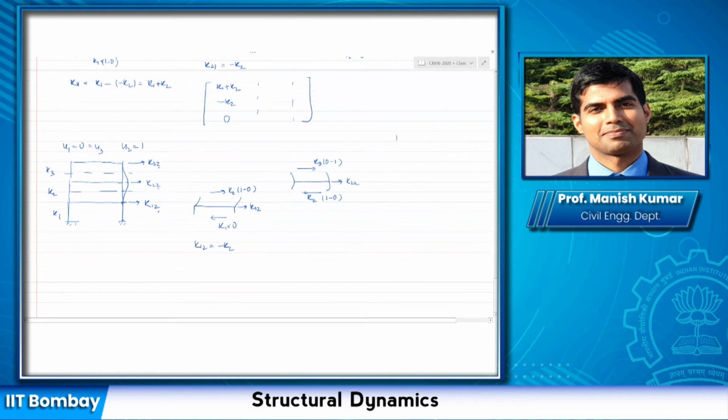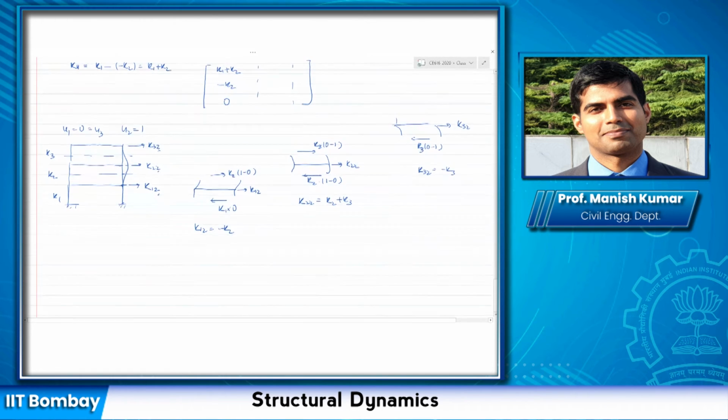Let me again redraw it. So this is K32 and the force that is there is K3 times U3 minus U2, which is 0 minus 1. Okay, so for this case, K22 I can write as K2, and if this goes on the opposite side, this becomes K2 plus K3, and K32 equals minus K3.